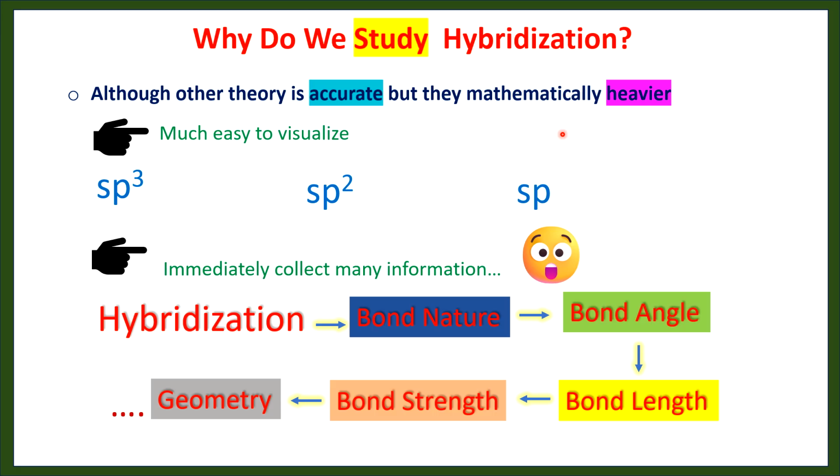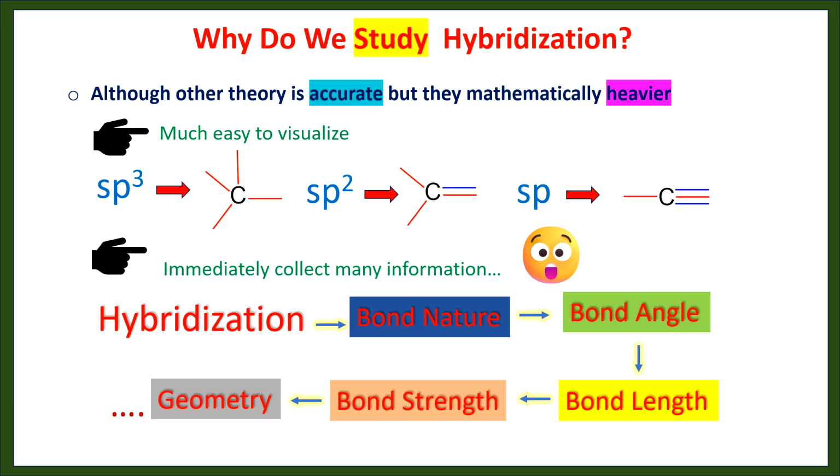If we know the hybridization, we can easily visualize things. If anybody says sp3 hybridization, you can easily understand the structure: all single bonds, bond angle and so on. With sp2, definitely there is one double bond; sp means one triple bond or two double bonds. So we immediately get much information if we know the hybridization: bond nature, bond angle, bond length, bond strength and even geometry. How interesting, isn't it? How powerful is hybridization!